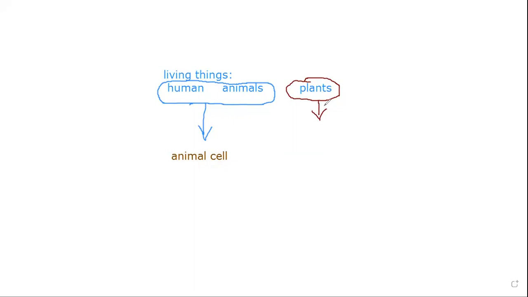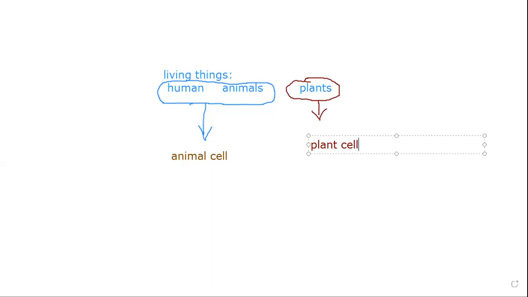All of these three ingredients will be mixed, and so plants will make their own food. That's why they have a special kind of cell that we call plant cell. So all the plants, either they are flowers or trees or bushes or grass, all of the cells that are found in them, we call them plant cells.